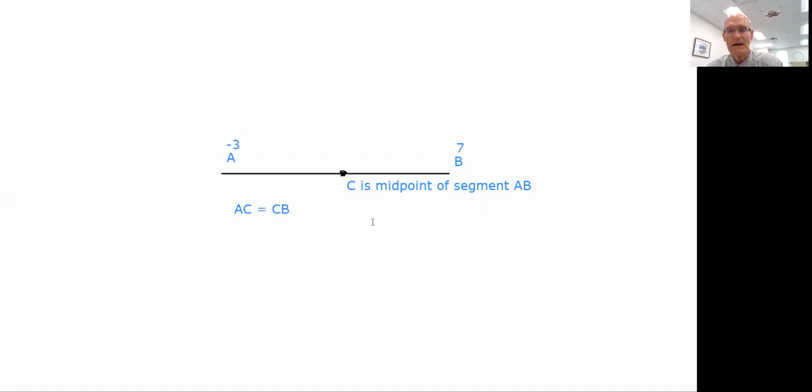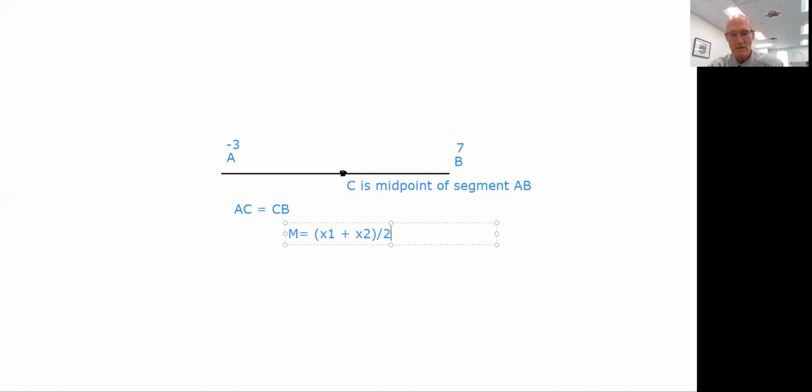So the formula for finding the midpoint, and the midpoint is generally capital M. So we put it down here. Capital M equals x sub 1 plus x sub 2 divided by 2.